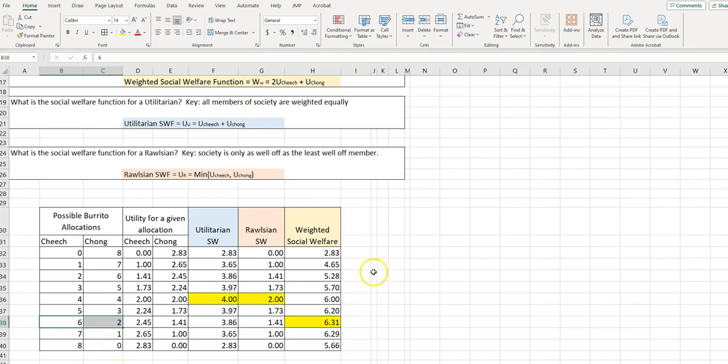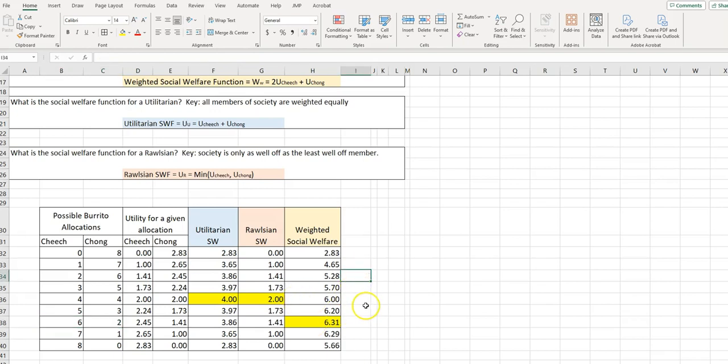So the idea here is this utility function that we've programmed in, it exhibits diminishing marginal returns. So just like we would normally suspect that as you consume more and more burritos, each additional burrito contributes less and less to your happiness. So giving Chong 1 burrito when he has none is more beneficial than twice the amount of happiness Cheech gets from adding the 7th and 8th burritos, because he already has quite a few.